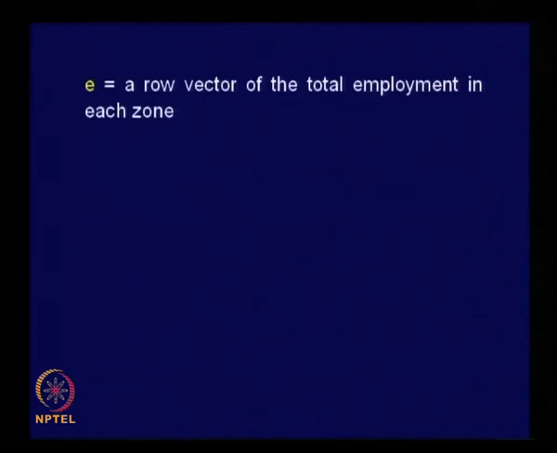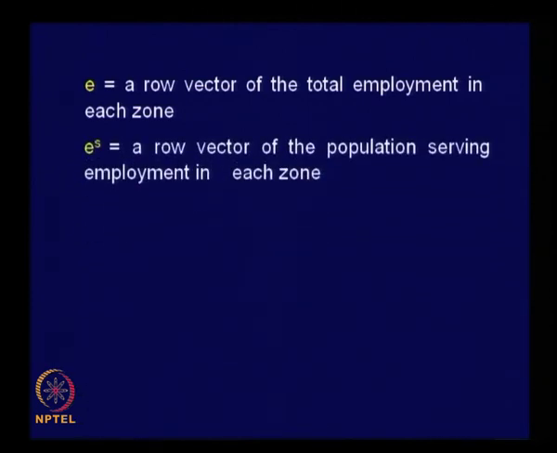Small e is again a row vector of the total employment in each zone, both basic employment as well as population serving employment put together is total employment. Then ES again a row vector of the population serving employment in each zone.